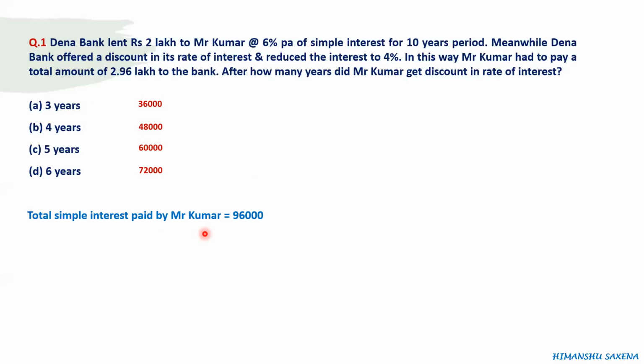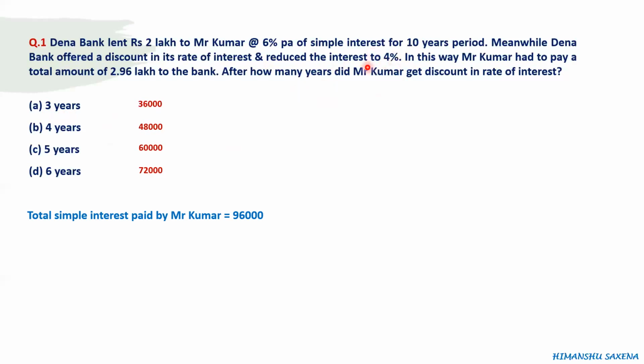Now, as the question says, after this period he is paying an interest rate of only 4%. So for the remaining number of years he is paying an interest rate of 4%. Now the total period was 10 years. So in option 1, 7 years are left. So he is paying an interest of 4% for 7 years.